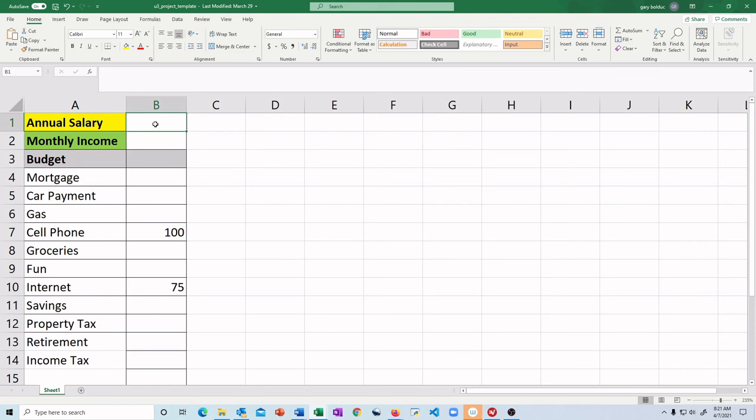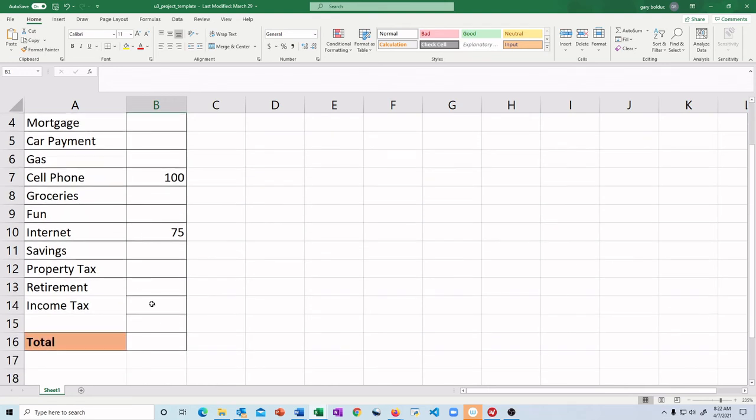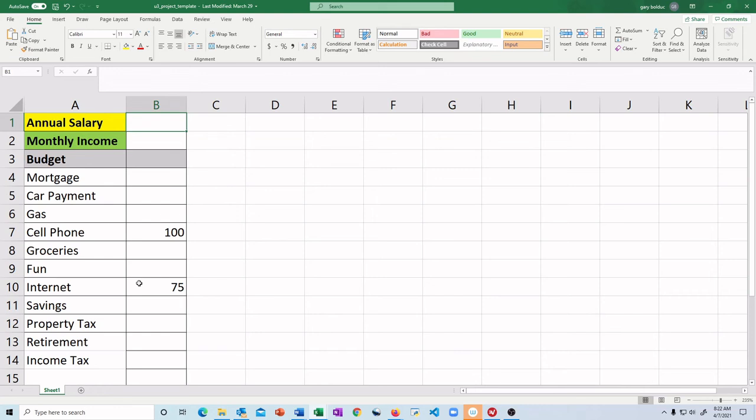So if this salary that you picked the first time is not big enough to pay for the house you want, and the car payment, and the gas, and the cell phone, and the property tax, then just increase the salary. You don't have to keep the same salary from before. I thought it would be easier for you to do that just so you don't have to change that number, but you don't have to. You can change the salary. You can pick a different one. It doesn't matter. Just make sure that there's enough money you're making so that you can pay for all these things that we're setting up for you to pay.